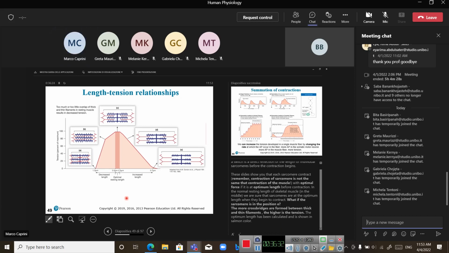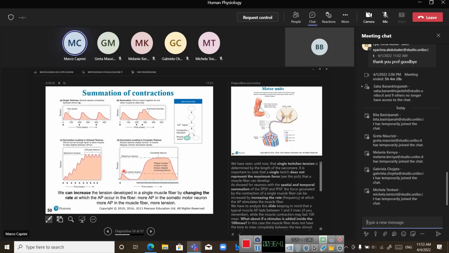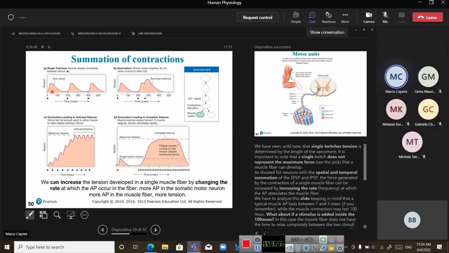But as I told you before, until now, we have seen only a single twitch, a single phase of contraction here and relaxation here. This is a single twitch, okay?